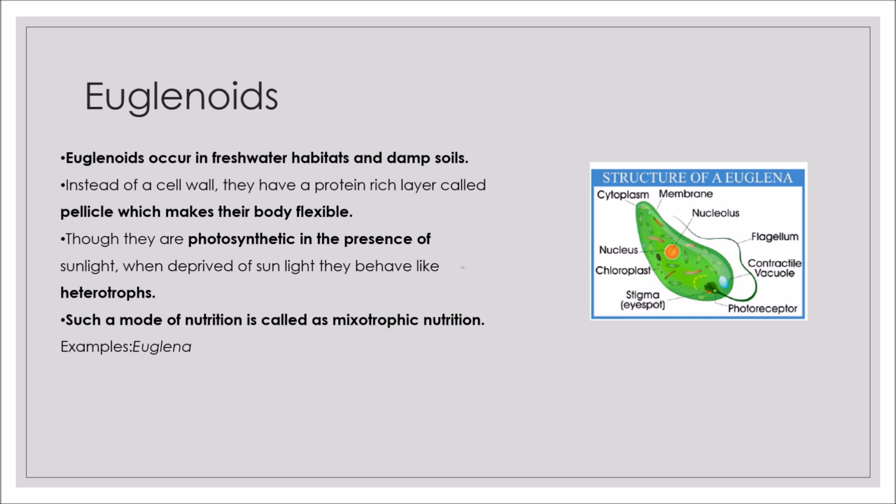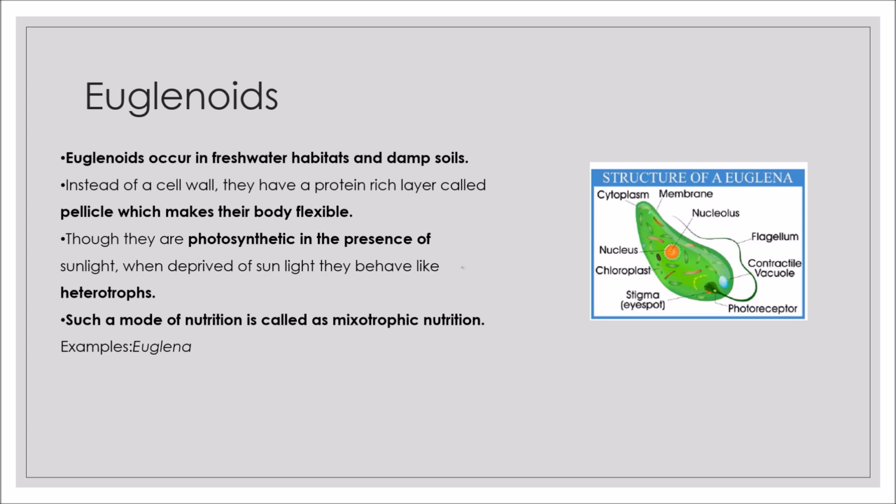Photoreceptor means for receiving the sunlight, for undergoing photosynthesis. An eye spot or stigma is present, chloroplast is present, and the nucleus is present. So these are all the parts that are present in the Euglena.